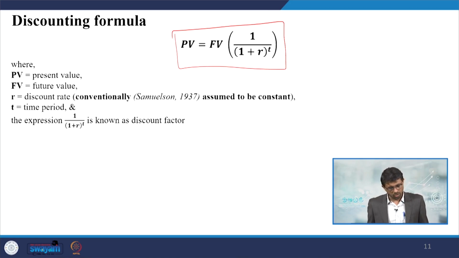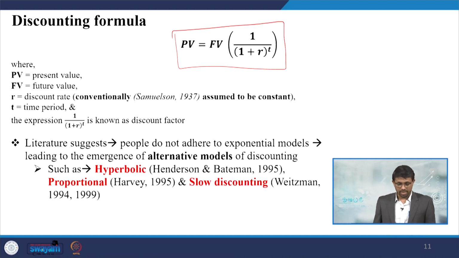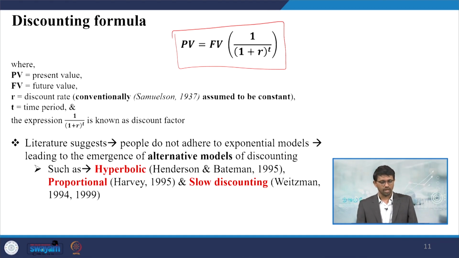The conventional discount rate is considered to be constant, as mentioned in the work of Samuelson in 1937. However, in reality the discounting rate is no longer constant. There are some alternative models considered for the discounting rate, sometimes called hyperbolic, as mentioned by Henderson and Bateman 1995, and proportional or slow discounting, etc., by other authors.